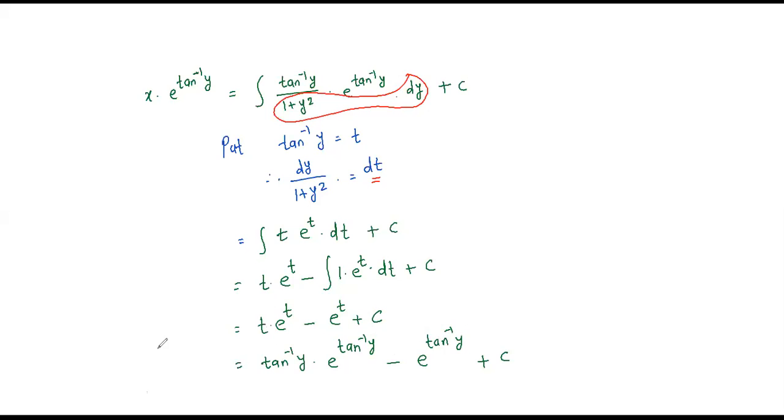Therefore this is equal to x times e to the power tan inverse y. Now you can divide each term by e to the power tan inverse y, so this will get cancelled out.